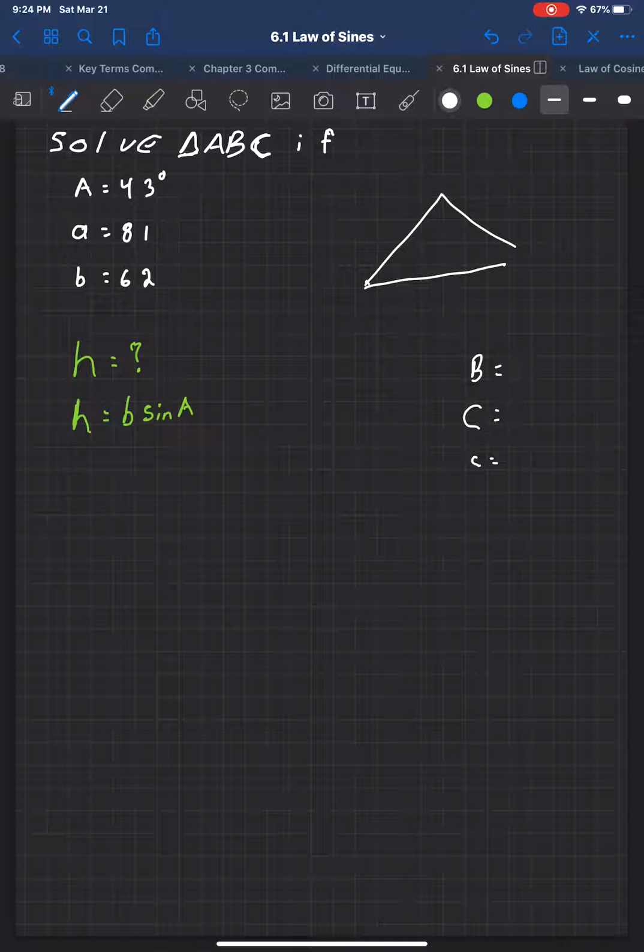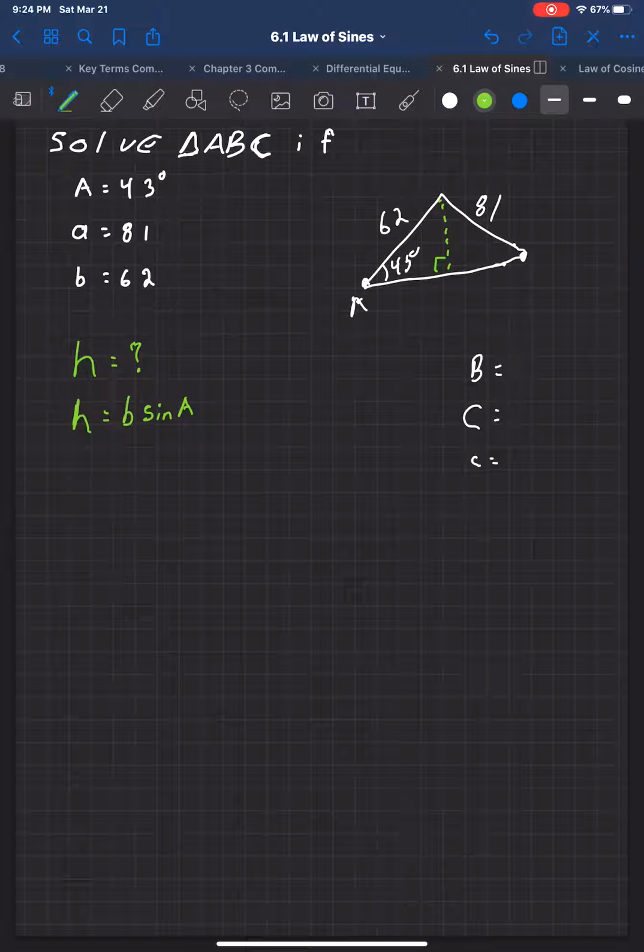So I had A here, and I had B here, and little a here. So that makes more sense when I think of it as h is going to be equal to b times sine of A, right?